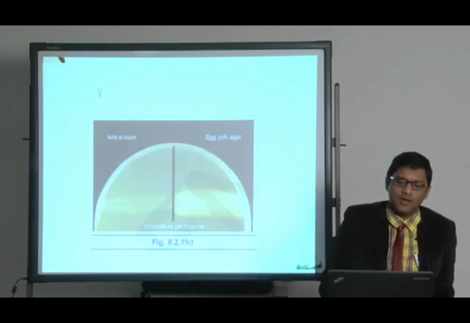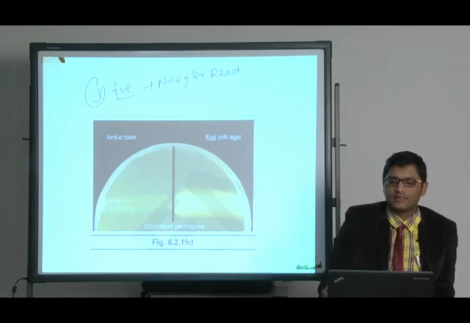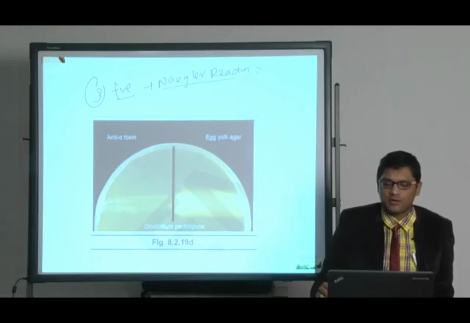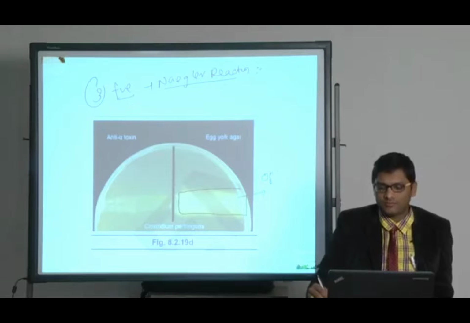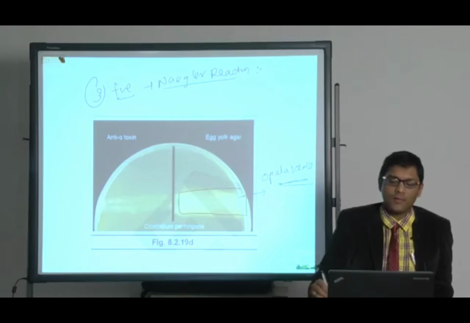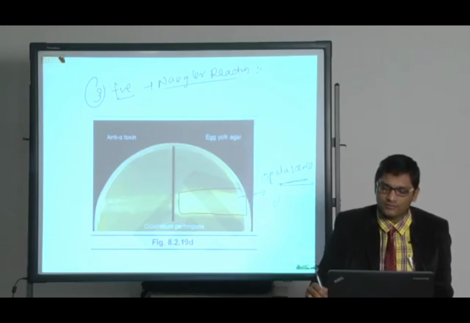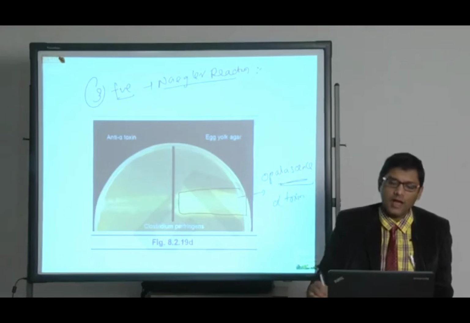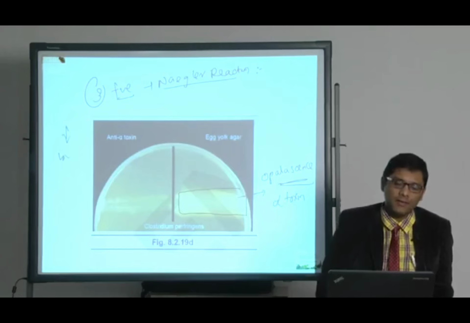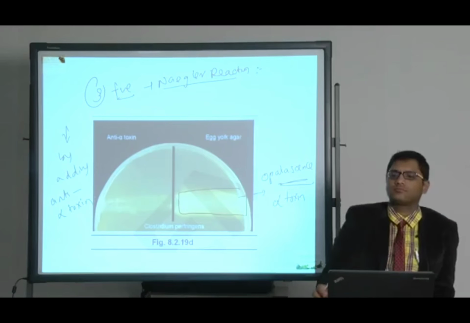Here it is, a positive Nagler reaction. Nagler reaction is nothing but opalescence on egg yolk agar, which is due to alpha toxin and which can be inhibited by adding anti alpha toxin.